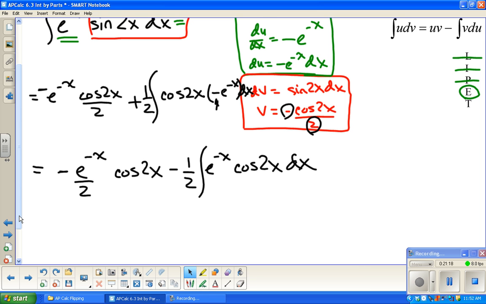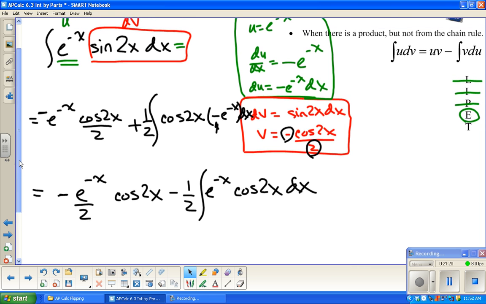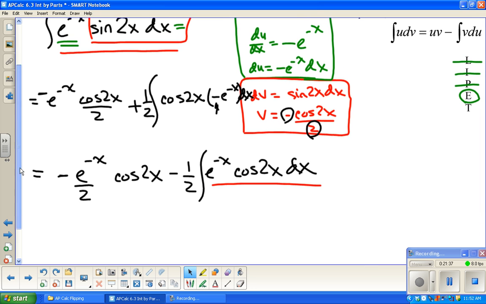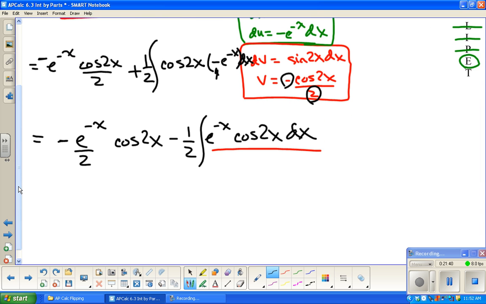Well, you're probably noticing that this integral is not really any better than this one. So did that even help us? Well, let's do it one more time, and then the miracle will happen. Okay? Okay, so I have to bring along all of this crud.